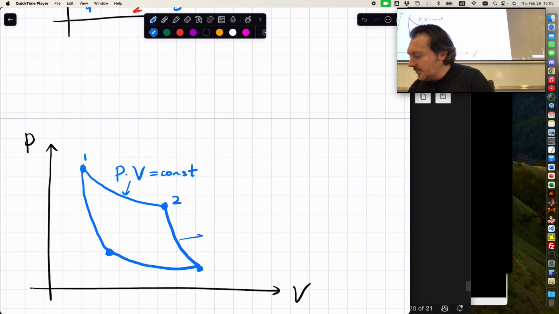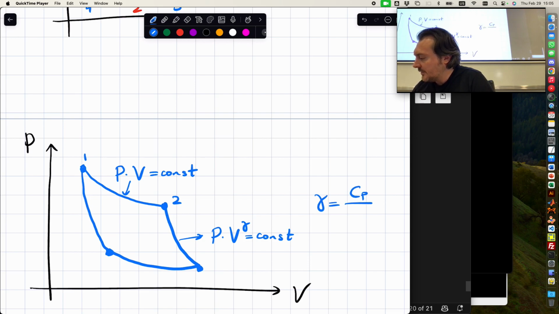How about this one? Do you remember this one? Yes, what happens then? Yes, exactly. P times V to the power of gamma is constant. And what is gamma? Cp over Cv. And what is our Cv? Do you remember our Cv? It was 1.